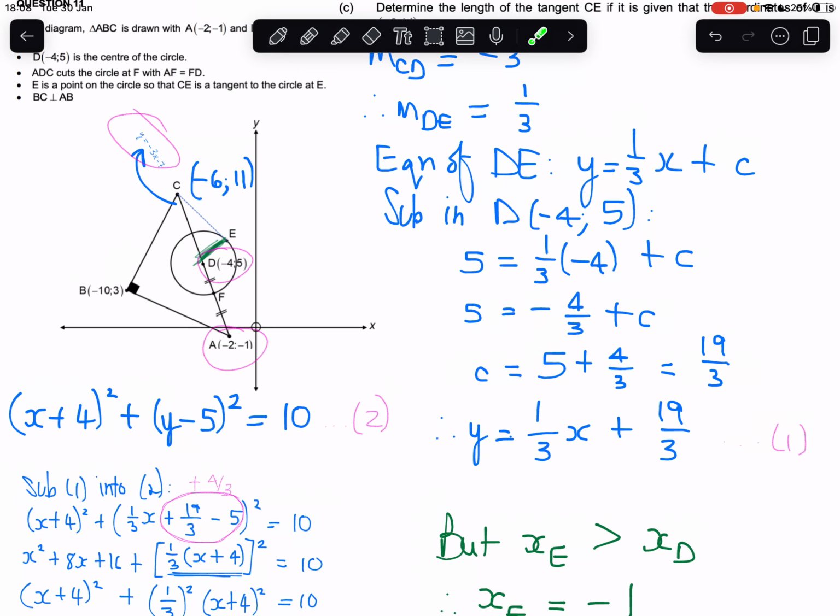So we know that the gradient of CD is negative 3. We know that with confidence. And so the gradient of DE is going to be a third. Yes, I am happy with that. Negative 3 times a third is negative 1. That is the relationship. Oh my goodness, that is the wrong thing.